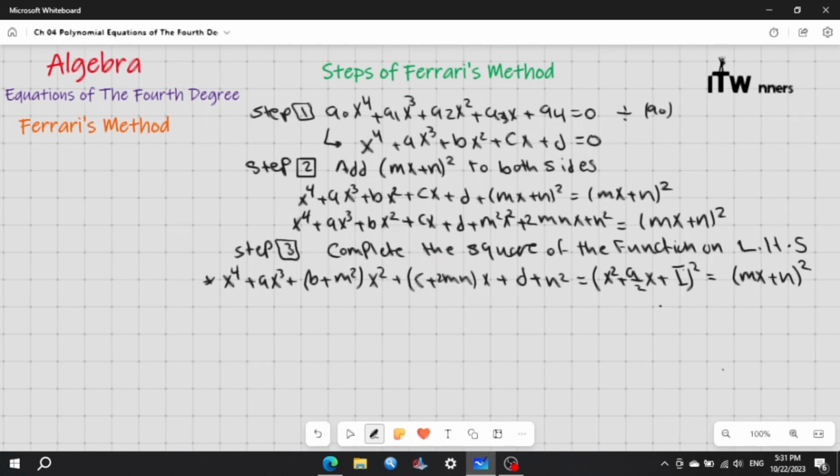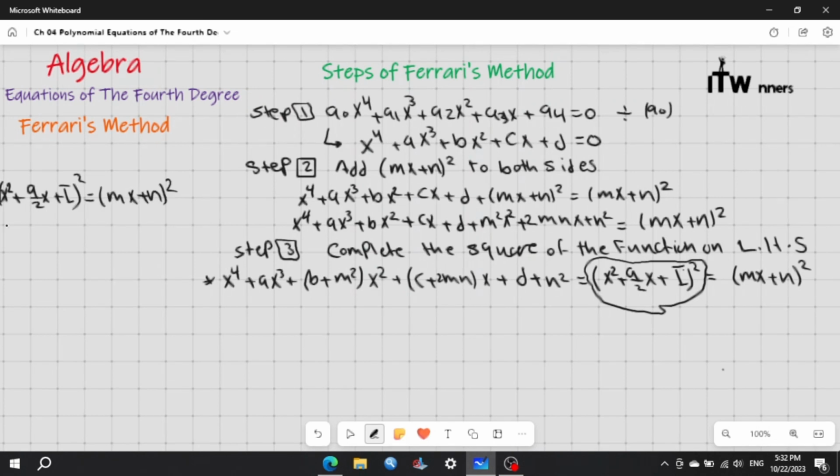So we have here the completion of the square of any fourth degree polynomial equation, just like that: (x squared plus half a x plus i) whole squared. From this bracket, just write it like that: (x squared plus half a x plus i) squared equal to (mx plus n) squared.